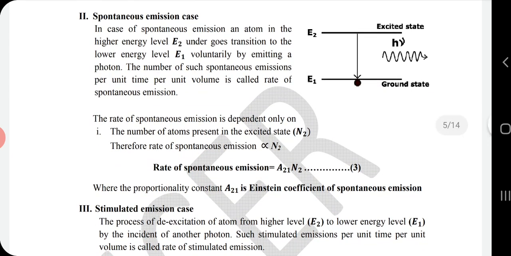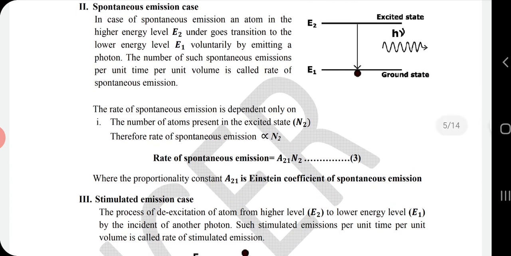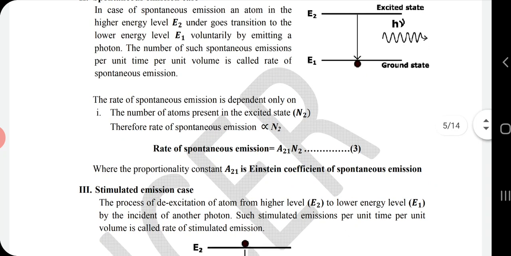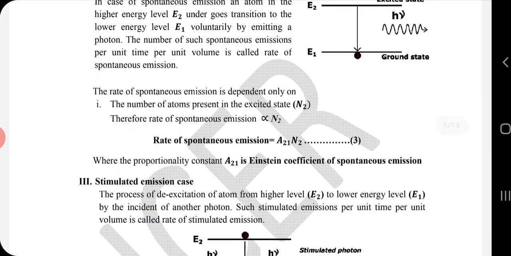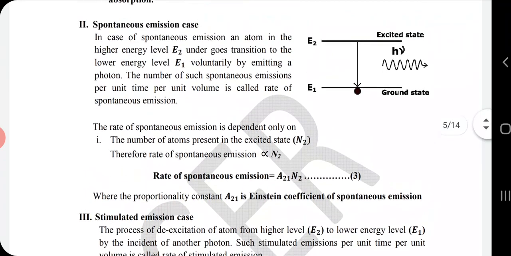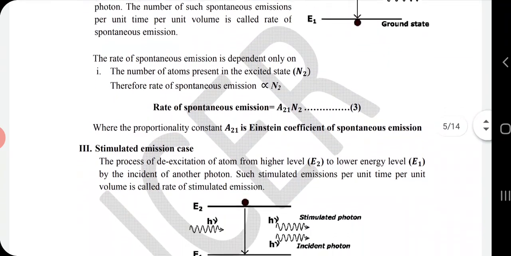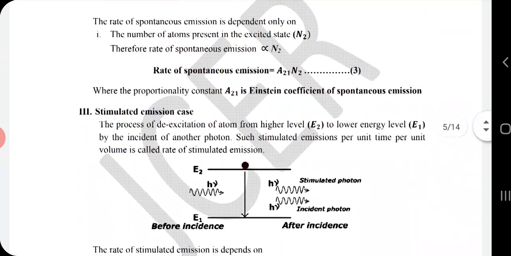That means n2, the population of E2, so it depends only on n2. Therefore the rate of spontaneous emission is equal to a21 n2, where a21 is the proportionality constant, called the Einstein's coefficient of spontaneous emission. Fine. Then the third one, the last one, is the stimulated emission case.